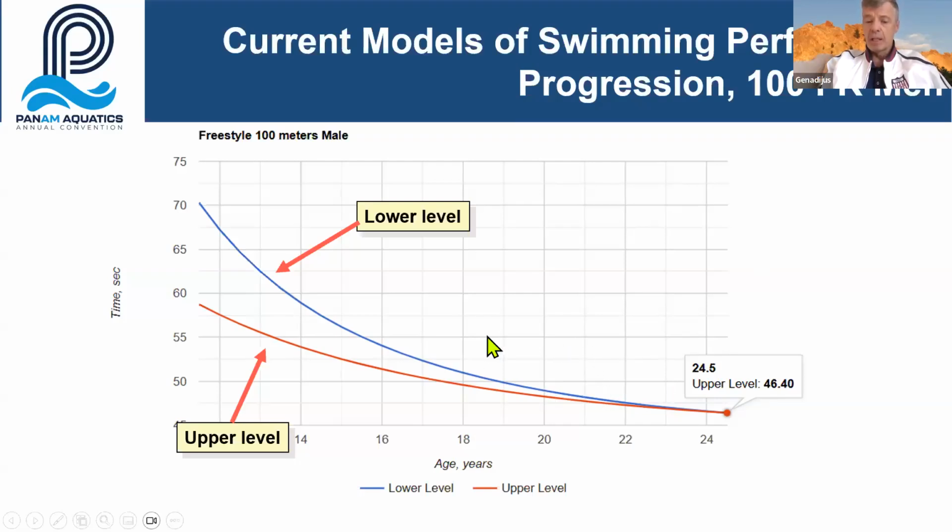You can put, I want my swimmer at age 18 or 20, let's say, to swim 48 seconds or 47 seconds, or maybe 49, 50, whatever you want. What's your goal in long-term training? And then the software will create your path for your swimmers, how they need to improve.